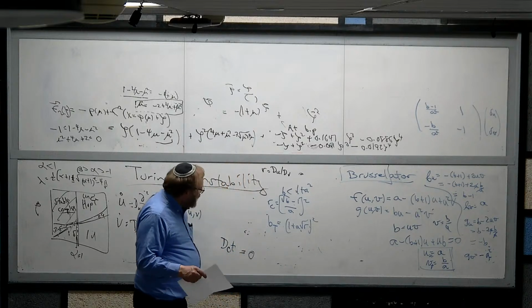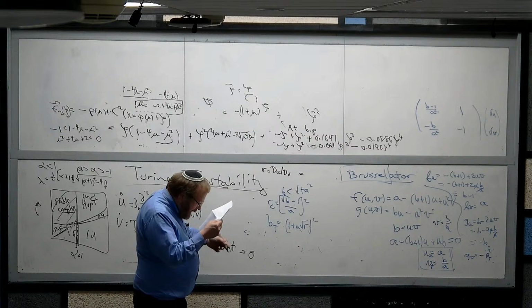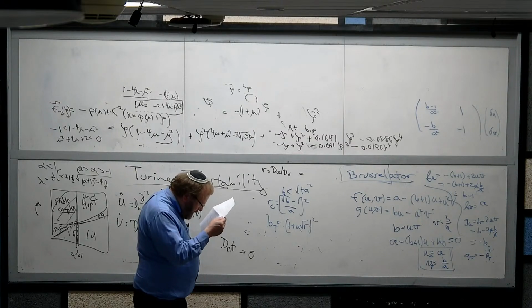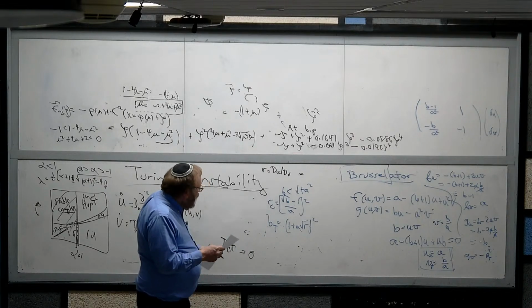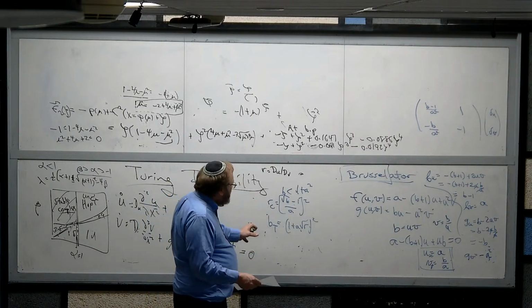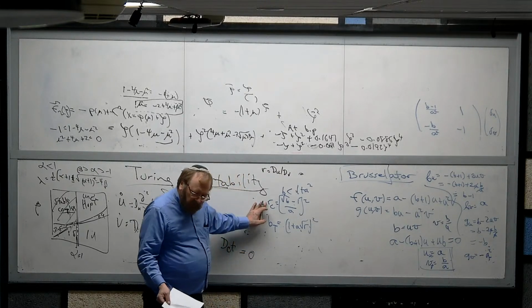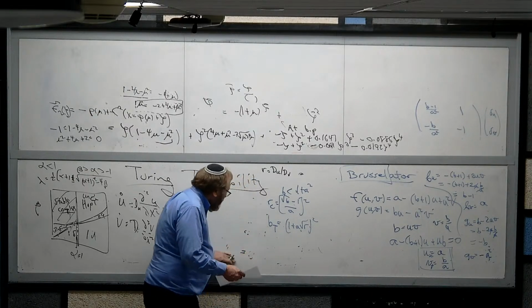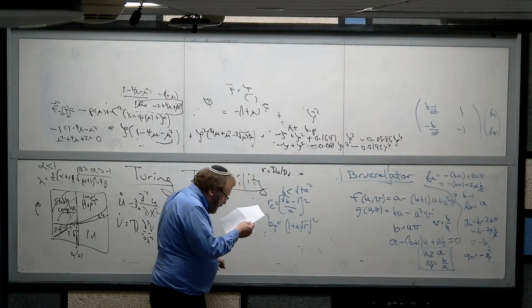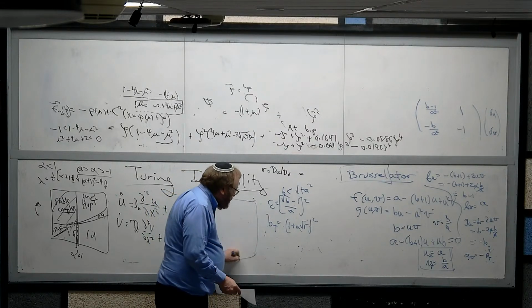All right. Anyway, so you can work out all that, and what do you finally get? Okay. So the point is that for R less than this number, there's a Turing instability, right? And then the next thing to do is to simulate the thing.